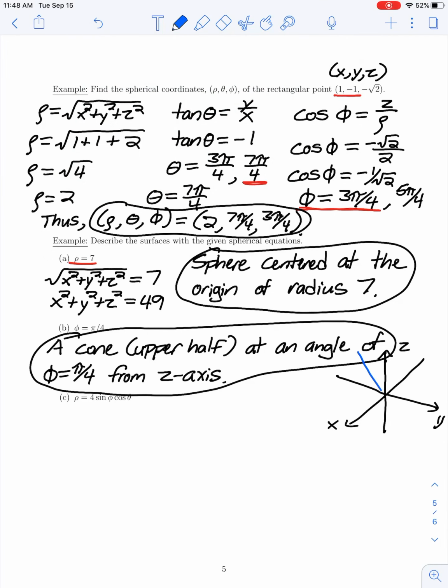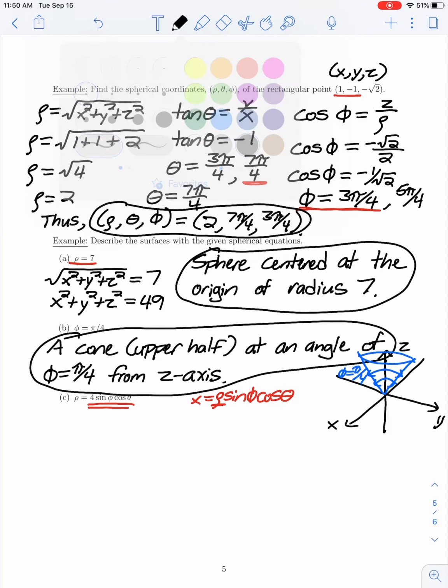Now, when I look at the right-hand side of this equation, I have something of the form 4 sine phi cosine theta. And when I think about my conversion formulas, well, I know that x is equal to rho sine phi cosine theta. So that's almost what I have on this right-hand side. I'm just missing the rho out in front.